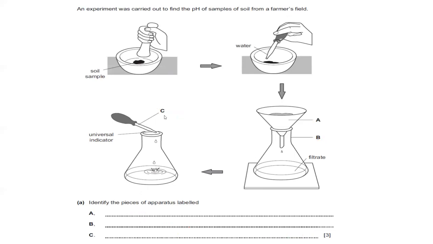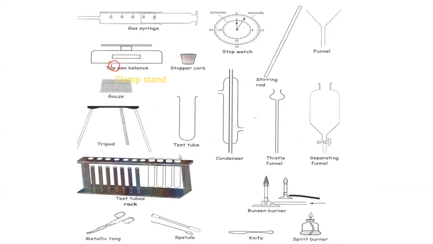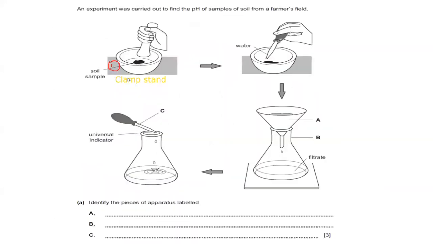Correct. So you will find this question common, and repetition is also there. Complete the boxes. What about box 1? What is this? Clamp stand, good. But you should mention a clamp stand here, because in the beginning I showed the piece of apparatus, so it is a stand with a clamp or a clamp stand.